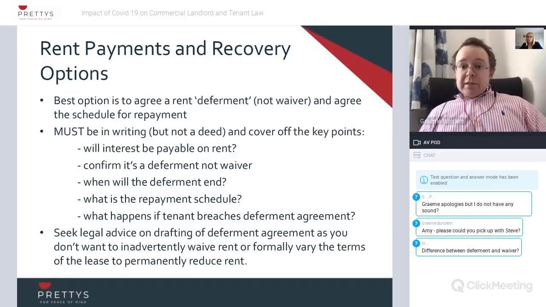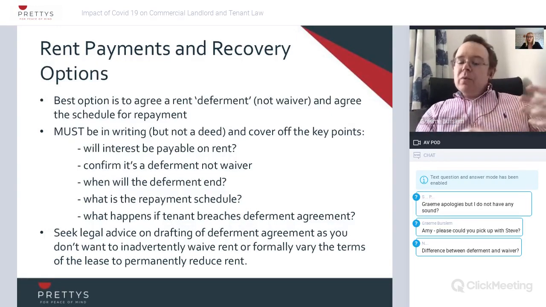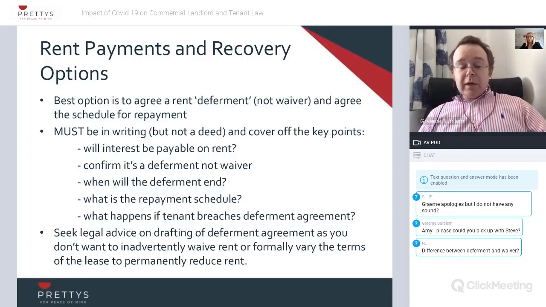Whereas with a deferment, if you're careful to set this all out properly, you're effectively just pressing pause on the tenant's obligation to pay the rent. You're saying, well, okay, I accept that you can't pay it right now, but you're going to pay it in the future. And so this is where we would recommend having something in writing between you and the tenant in order to set out how this is envisaged to work.